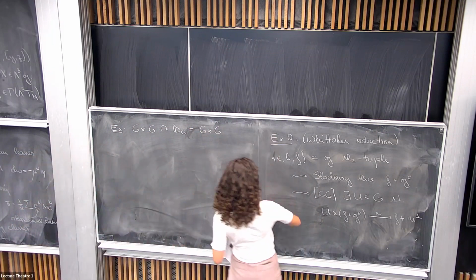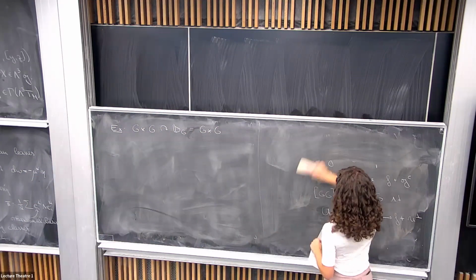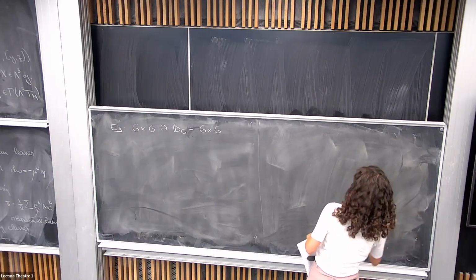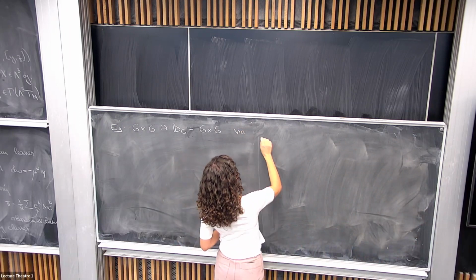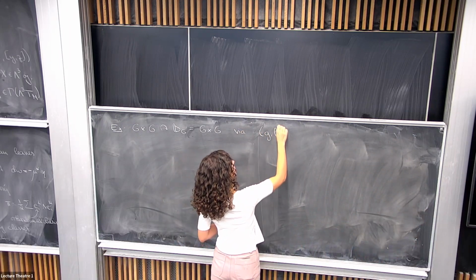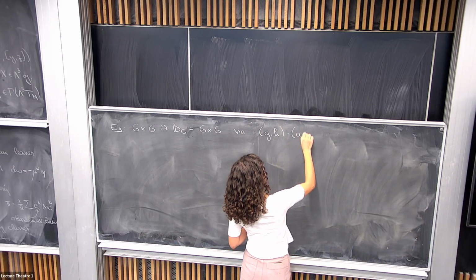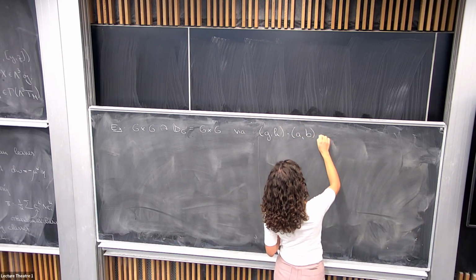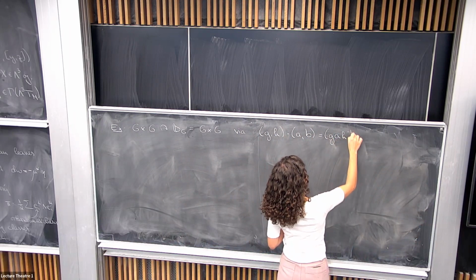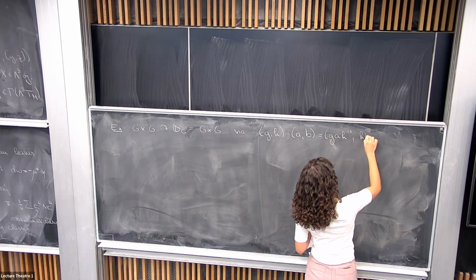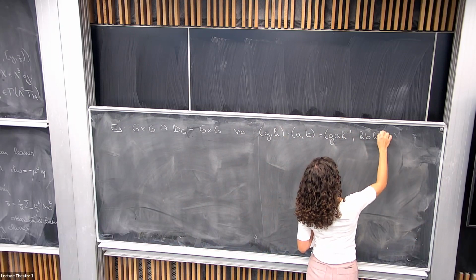I'll write it here. This action looks like (g, h) applied to a point (a, b) is equal to (g a h^{-1}, h b h^{-1}).